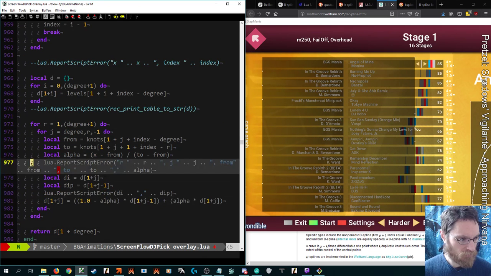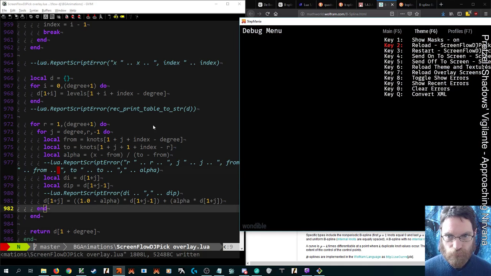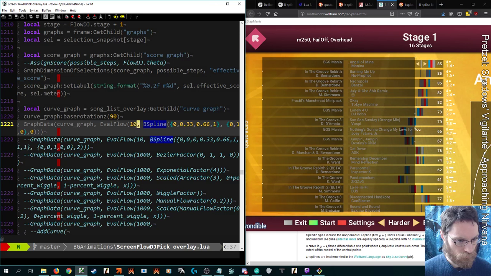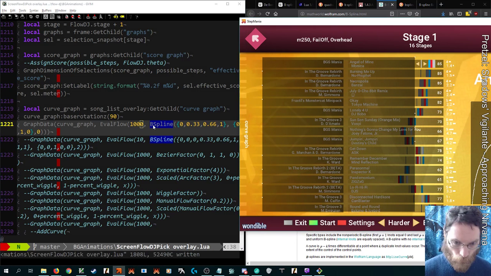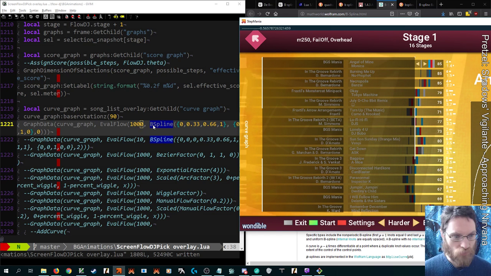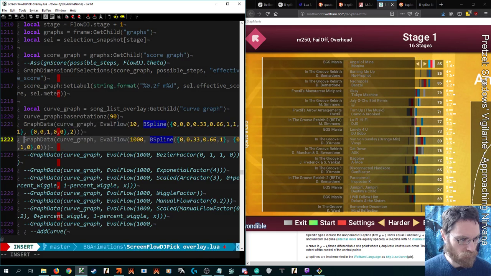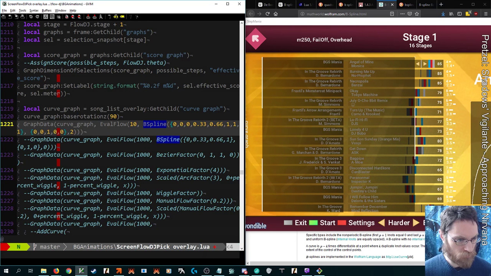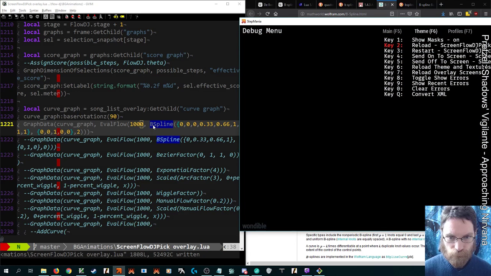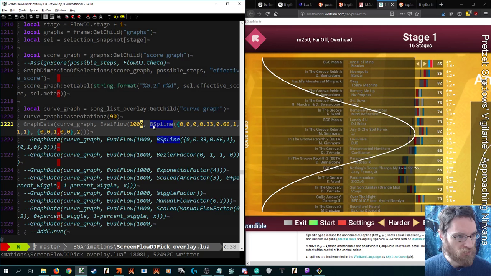So get rid of all the spam. All right, so that's a constant function. I did not keep an example of a degree 1 around. Okay, so that's that curve.